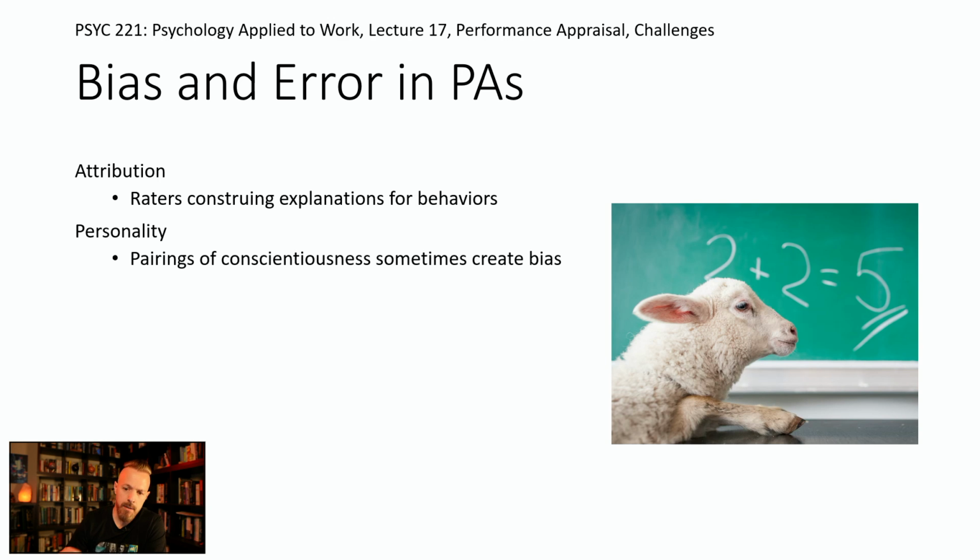And then personality can create error. Example, the way conscientiousness pairs up between a supervisor and employee. If they're lockstep together, both super conscientious, they can certainly be very biased. A really conscientious boss who has a really conscientious employee thinks that employee is awesome. But, all other things being equal, a really conscientious boss and a low conscientious employee, that boss might think, that's the laziest guy I've ever met.